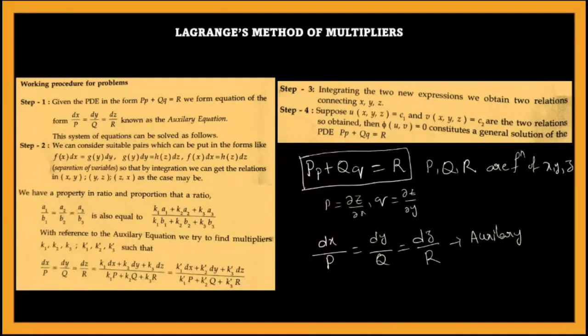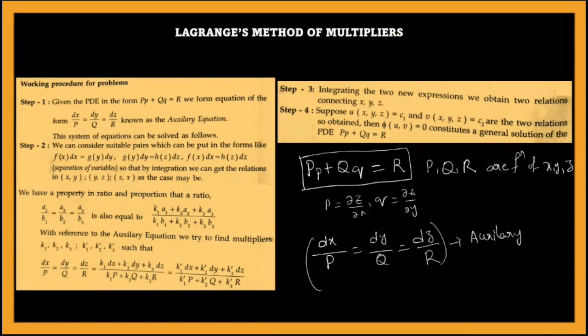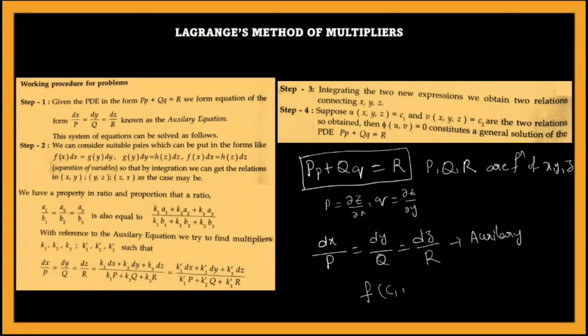One of the methods is comparing two pairs at a time. We'll get two solutions and the final solution will be written as a function of c1, c2. This we already studied in the previous semester while applying Lagrange method for solving vector integration. Along with that we can apply ratios and proportions also.